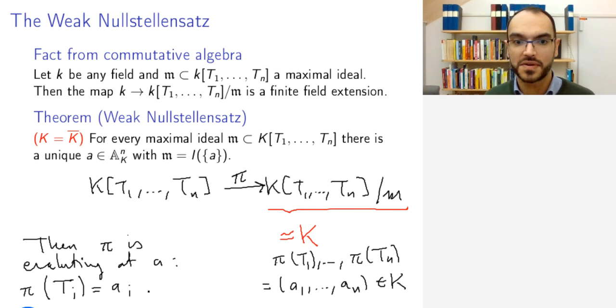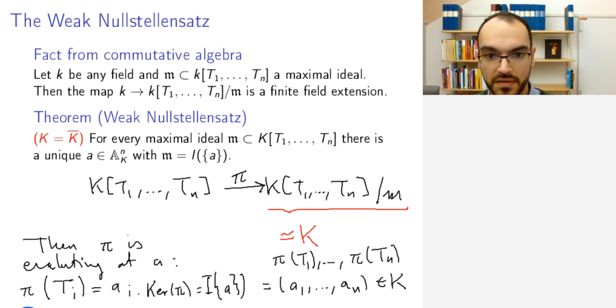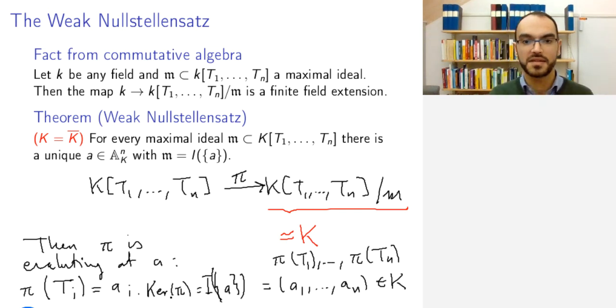So then this precisely means that the kernel of pi is the vanishing ideal of A. A polynomial lies in the kernel if and only if its evaluation at the point A is 0, and by definition this means that it lies in the vanishing ideal. So the kernel is this vanishing ideal, but since this is the quotient map with respect to the ideal M, the kernel of pi we know is M, so these two coincide.